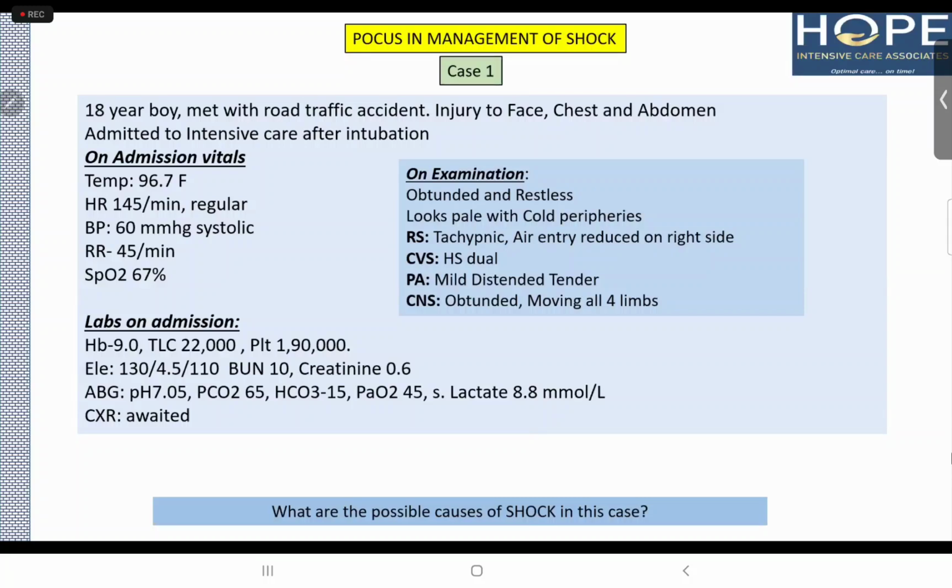This is what the clinical examination has found. So would anybody like to open up your mic and start putting differentials, what do you think this patient has? Then we put the ultrasound probe and then move forward. Anybody?